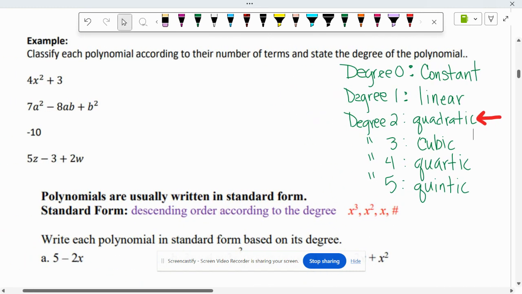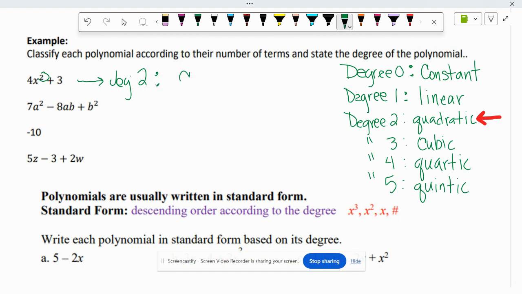Okay. So we have to classify each polynomial based off of its number of terms and its degree. What is the degree of the polynomial? It's degree 2. And if something is degree 2, how do we name that?